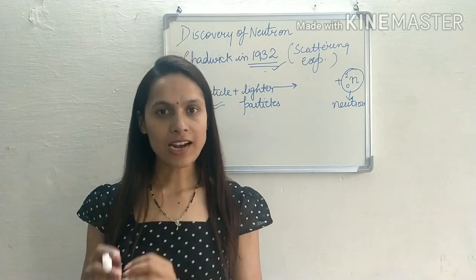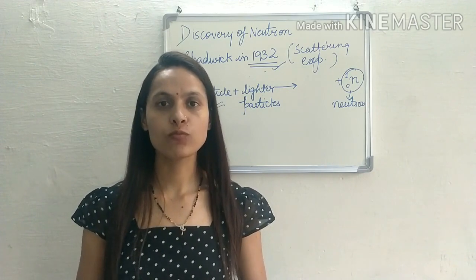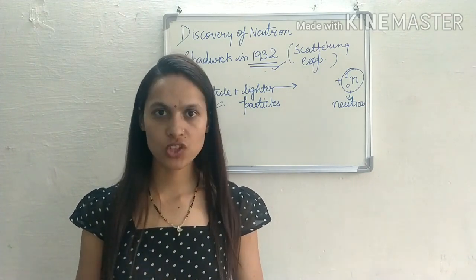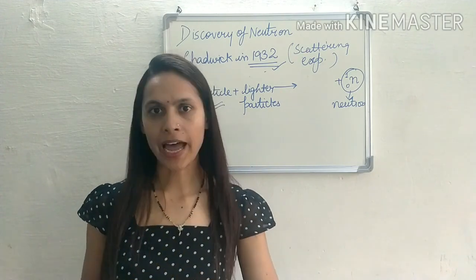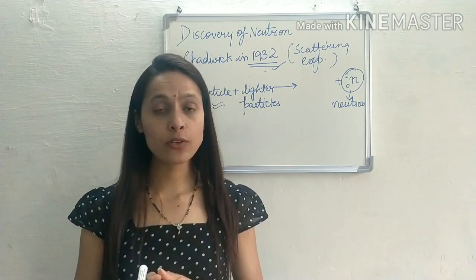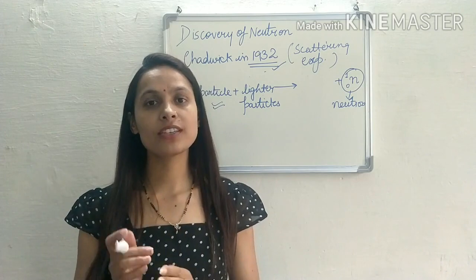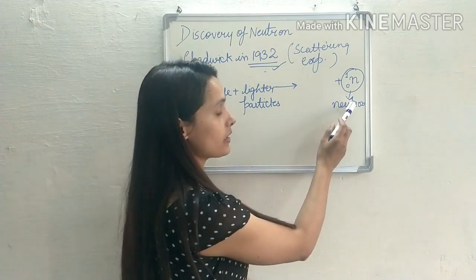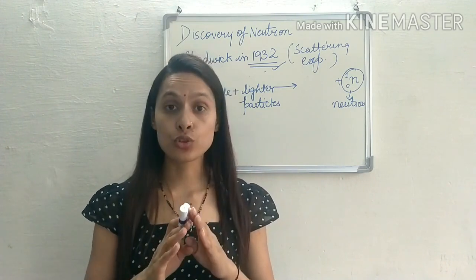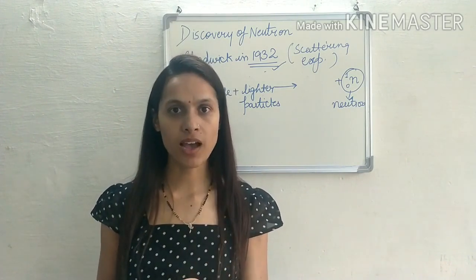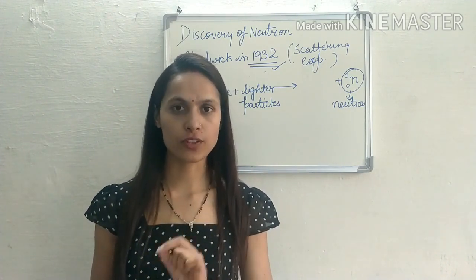Proton is that fundamental particle of the atom which carries 1 unit positive charge and has a mass nearly equal to that of the hydrogen atom. And what is neutron? Neutron is that fundamental particle of the atom which has no charge but has a mass nearly equal to that of the proton.